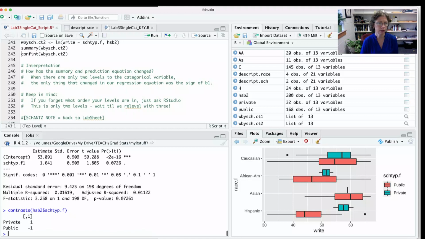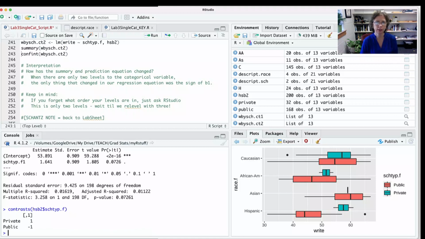And again, when we're doing effect coding, the deviation type, the regression coefficient here refers to whichever level is coded as 1. So the difference between private and the grand mean is 1.641, a positive.